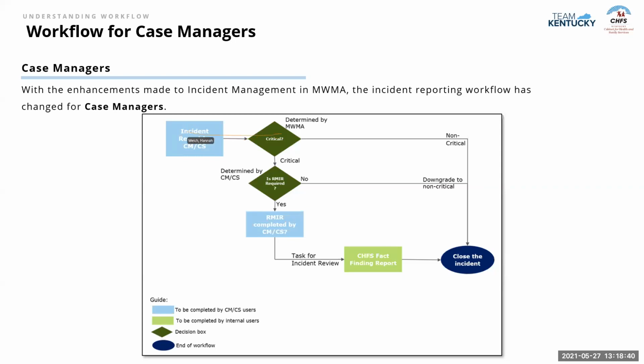If an incident is determined to be critical, our case manager or supervisor will decide, is an RMIR required or not? Very similar to what we just saw. If the answer is no, our case manager doesn't think we need an RMIR, the critical incident is then downgraded to non-critical and closed.